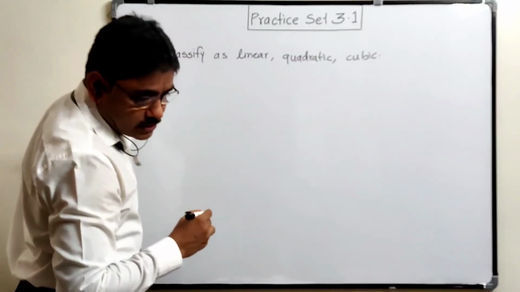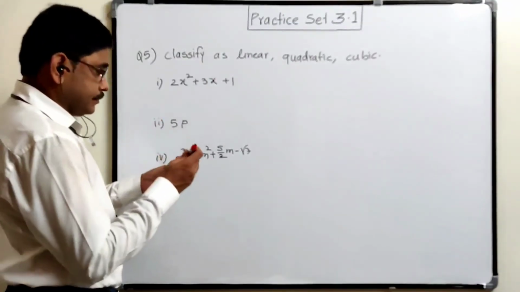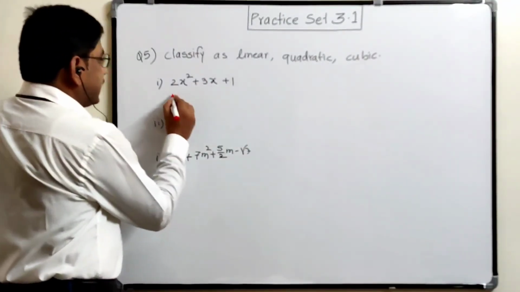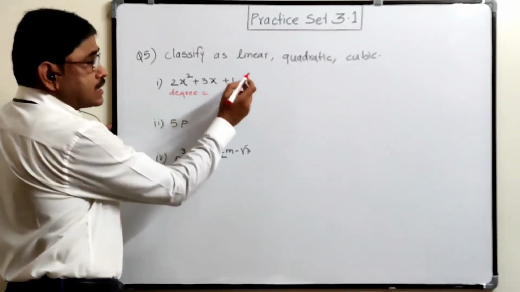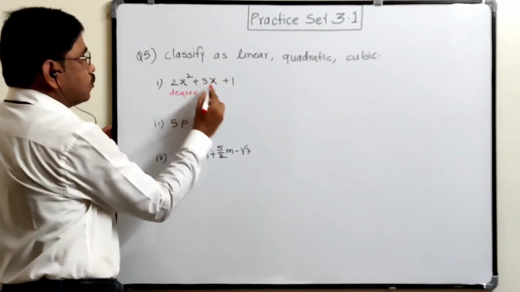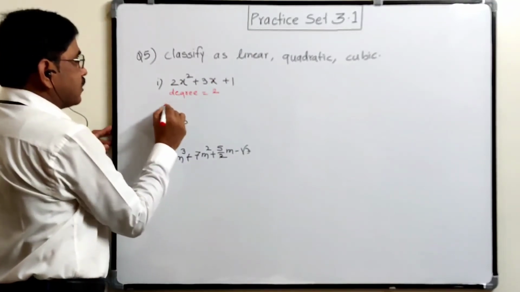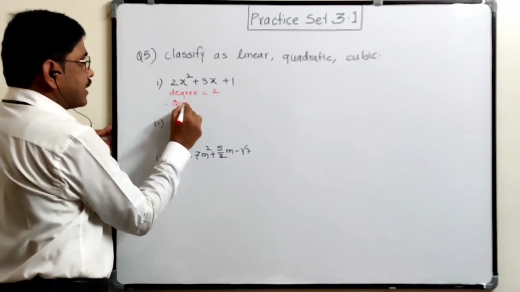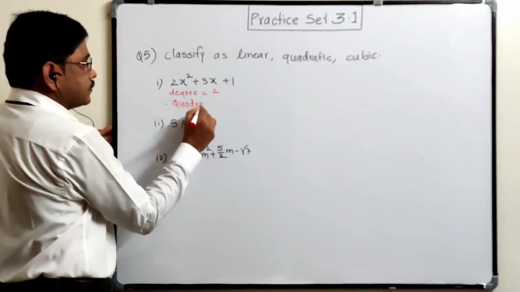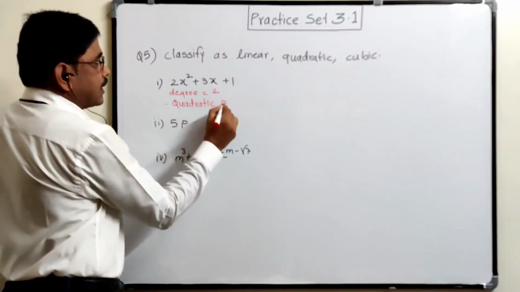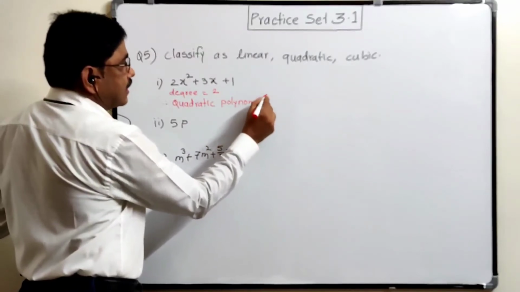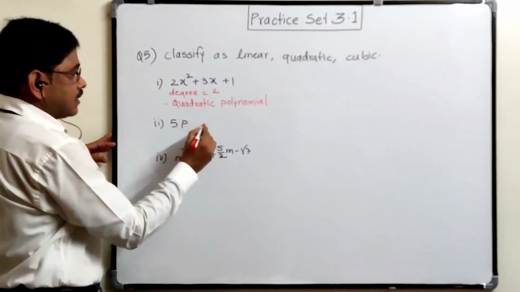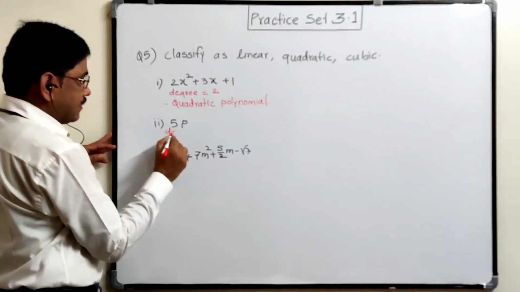First example is 2x, degree is equal to the highest power 0, 1, 2. Degree is 2. Therefore degree 2 means it is quadratic polynomial. So how to write the answer? It is a quadratic polynomial. Here the degree is 1.